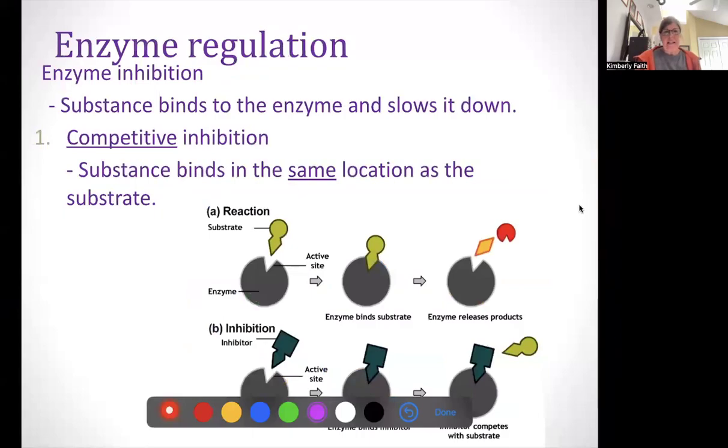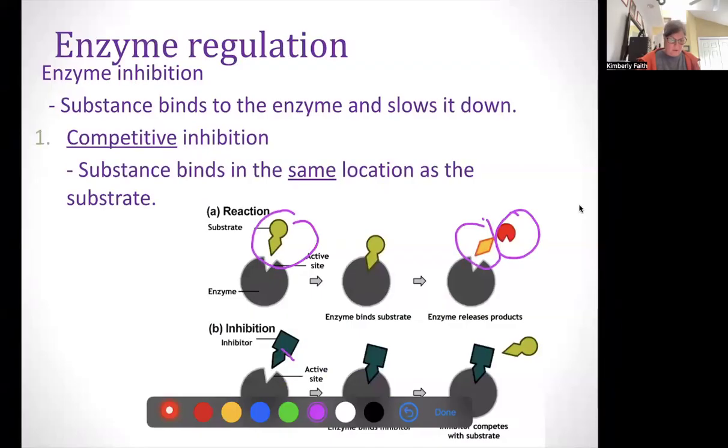To regulate enzymes, there's two types of inhibition we're going to talk about. One is competitive inhibition, and this is where we have another molecule that has a very similar shape to the substrate. So here's what's supposed to happen. This little funky shape is supposed to fit in there, and then it breaks it into two different pieces.